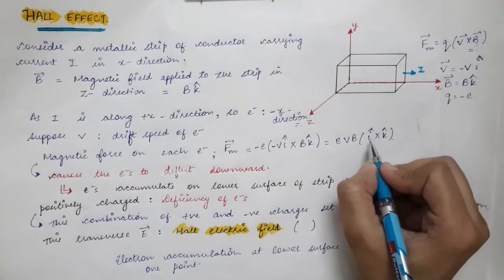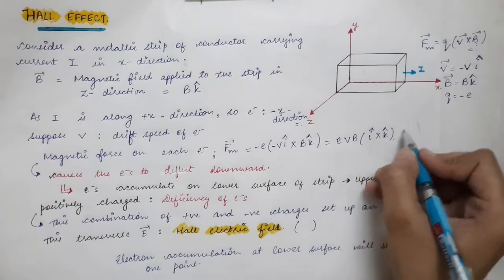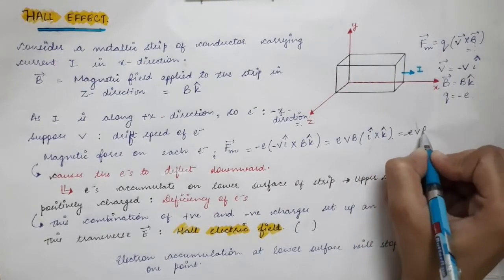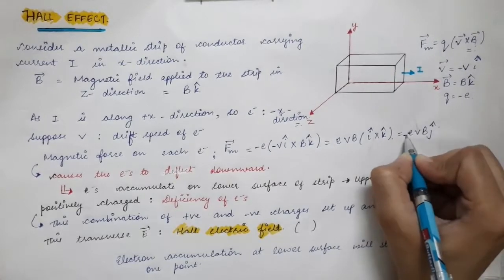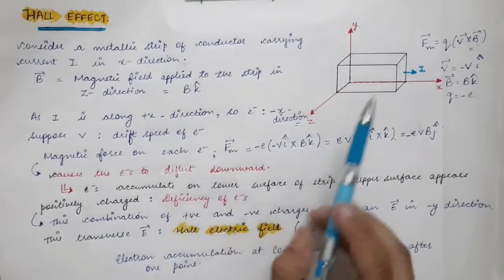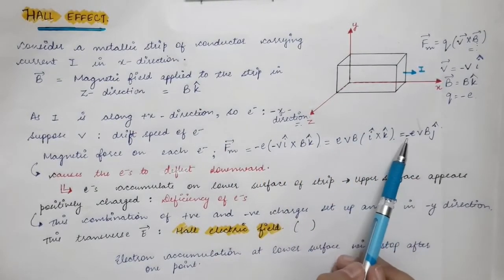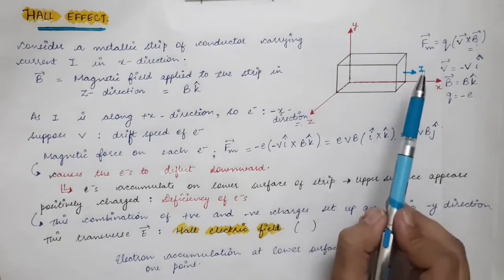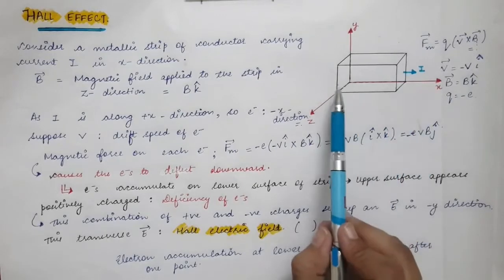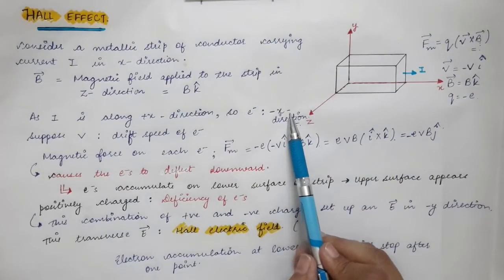The cross product of i cap and k cap is equal to minus j cap. So it will be minus e v B j cap. So you can clearly see that the magnetic force acting on the electrons is along the negative y-axis. The current is flowing along plus x-axis, and the magnetic field is applied along plus z-axis.